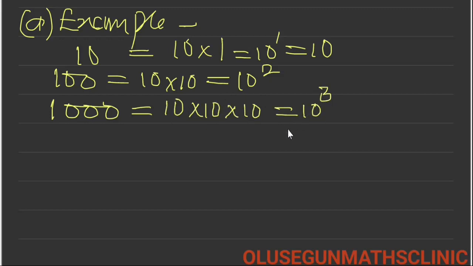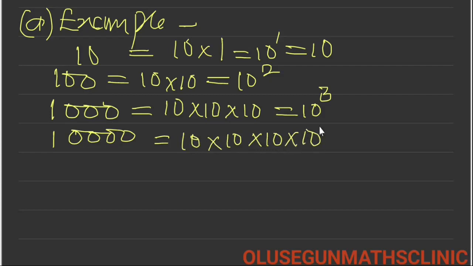So we are bringing out the terms of the standard form. Now let's have 10,000. That is 10 times 10 times 10 times 10, which is 10 raised to the power 4.